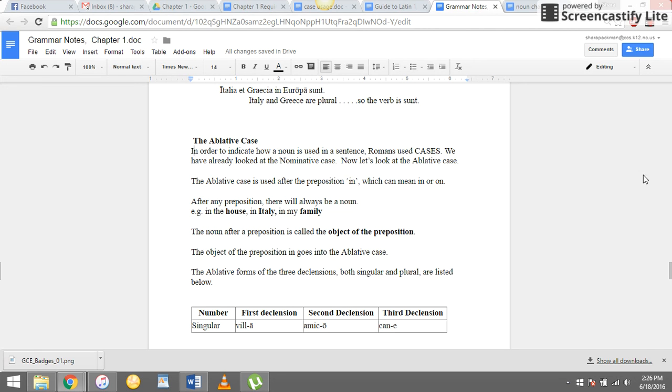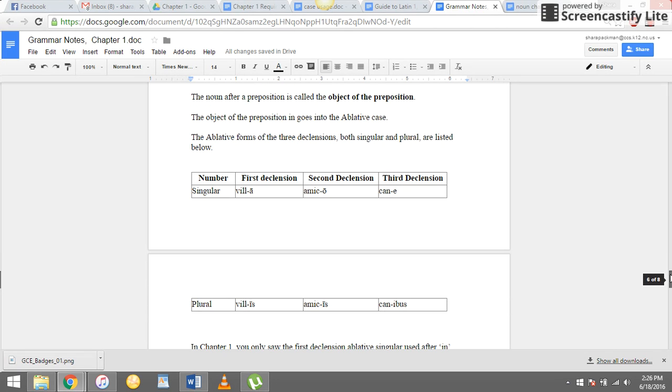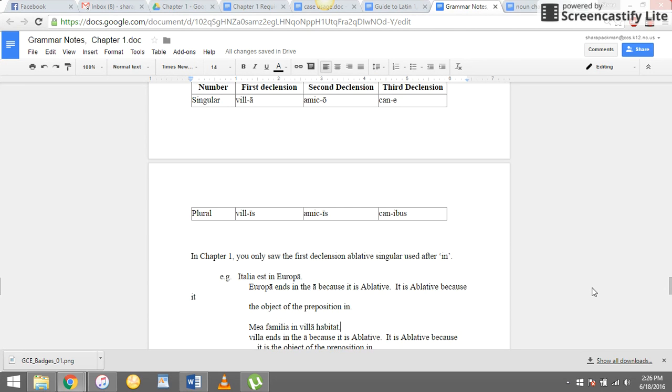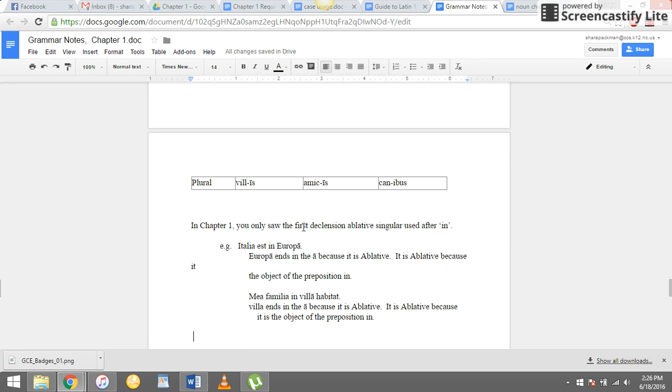So again, you can look at these endings, and here's the singular and here's the plural, and that's it. So, like Italia est in Europa, Europa is ablative. Mea familia in villa, villa is ablative because it says in the house.